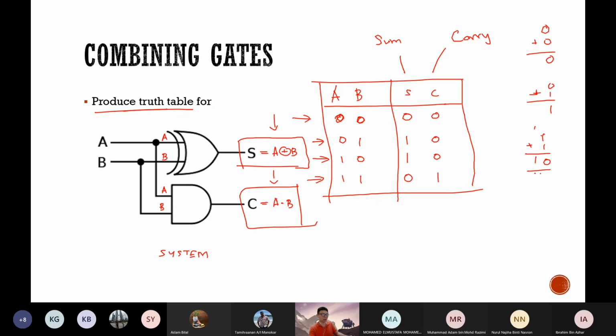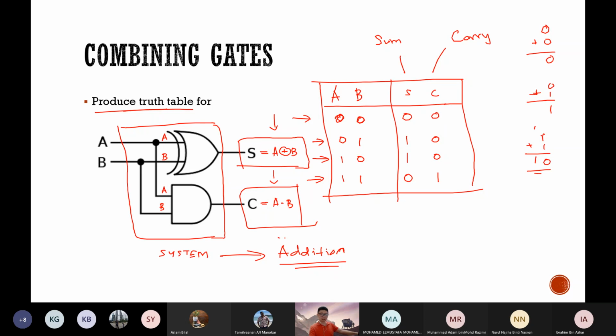So that is what we expect over here, carry 1 and sum 0. So this system is a very simple calculator that can do addition.